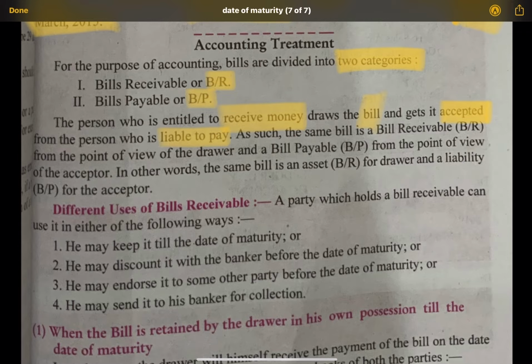As such, the same bill is a bill receivable from point of view of drawer and bills payable from point of view of acceptor. तो जो accept कर रहे हैं उनके लिए होगा bills payable, ठीक है. जो draw कर रहे हैं for whom, like for that person it will become bills receivable.